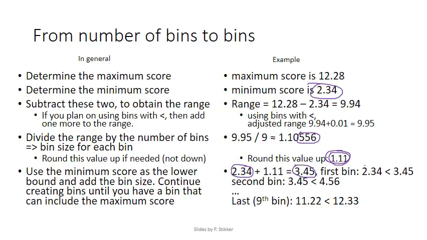So my first bin is 2.34 until 3.45. The next one is then 3.45 until 4.56, etc., until I reach the last bin, 11.22 till 12.33. Note that the last bin indeed captures the maximum score.